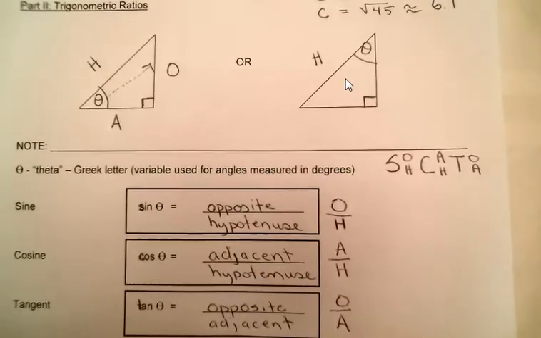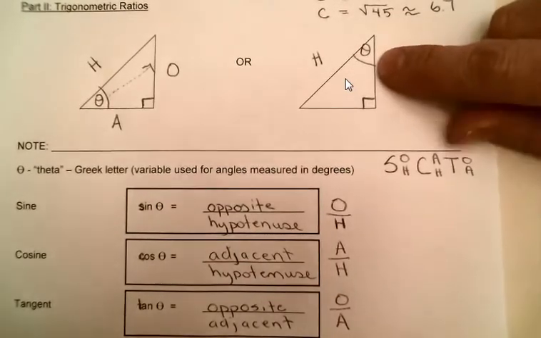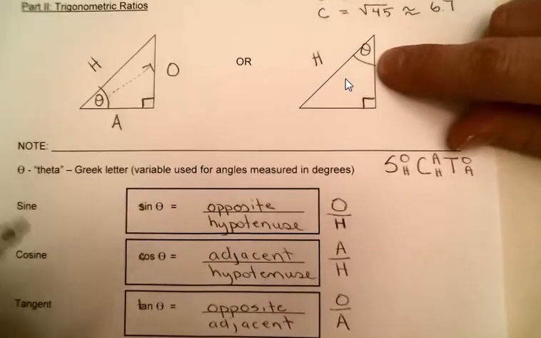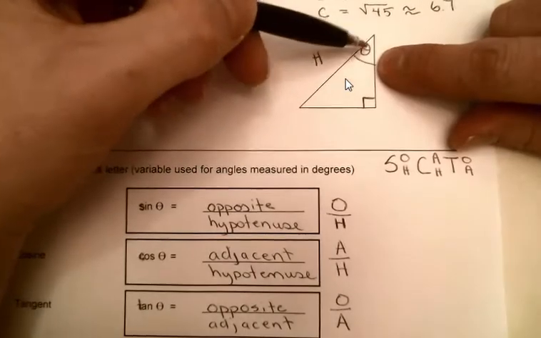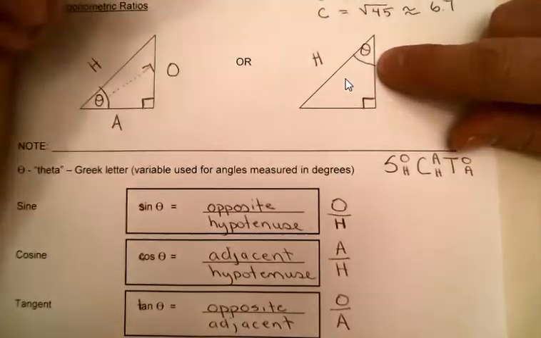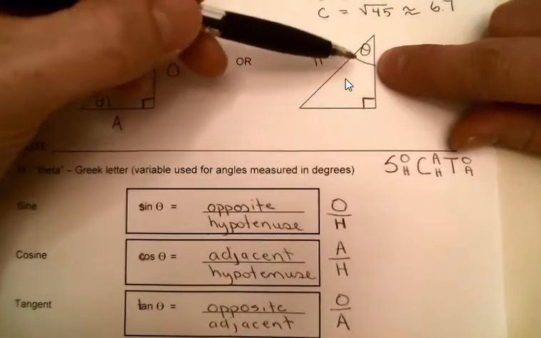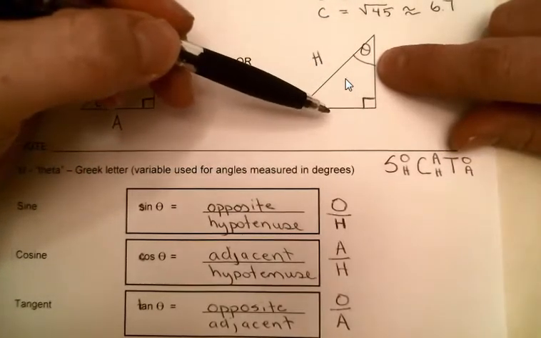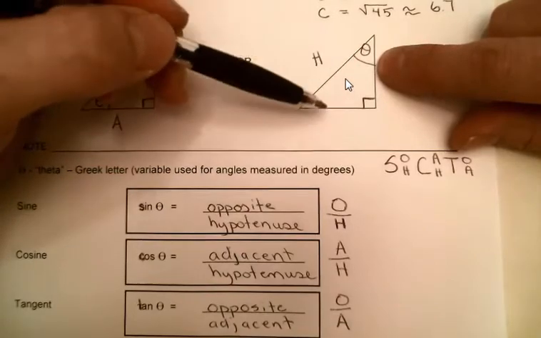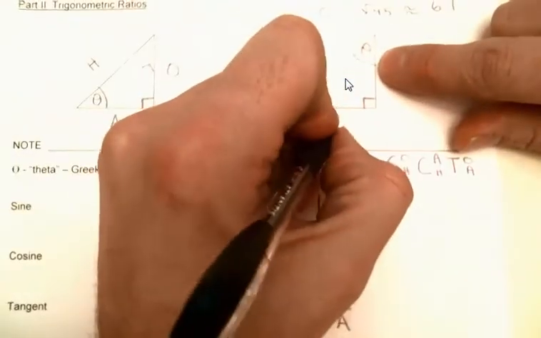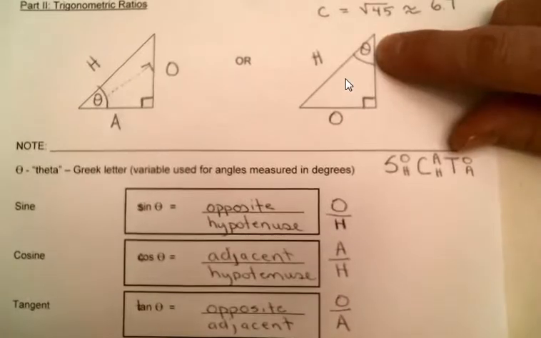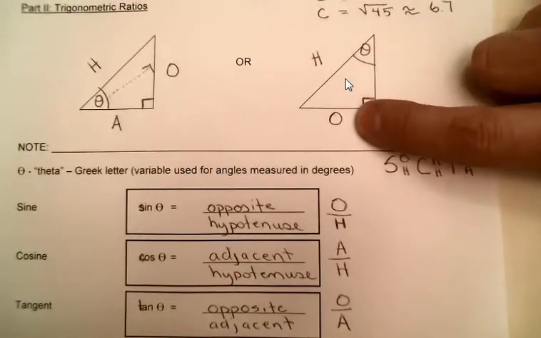Like I said before, you start at theta and you find which side is opposite. It's almost like this is a goalie, and who's the opposite goalie facing him? Well, the only way to get across from that theta to another goalie, if you want to think of this as two goalies opposing each other, would be over here. So that theta's opposite is this side here.